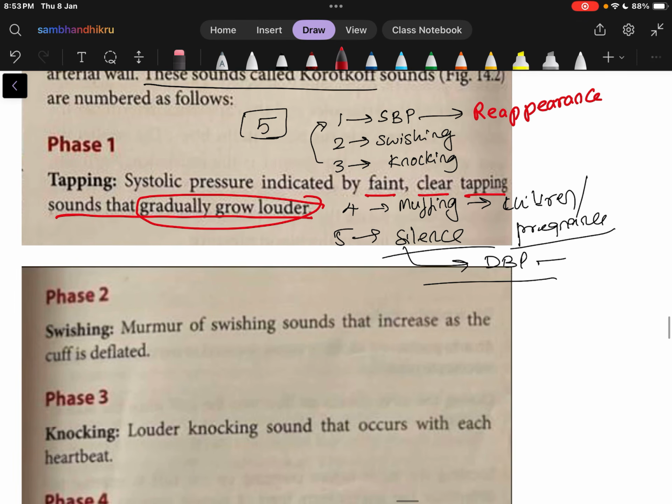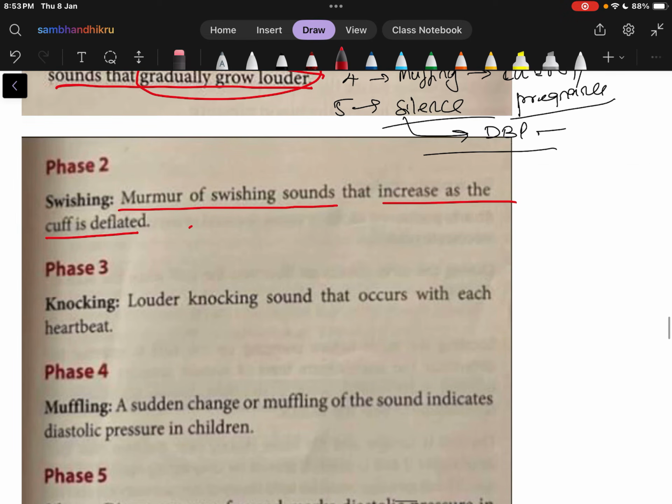Okay, yes. Phase 2 is a murmur or swishing sound that increases as the cuff deflates. Clear? Next, in phase 3, a louder knocking sound occurs with each heartbeat, due to the ventricular contraction. Clear?